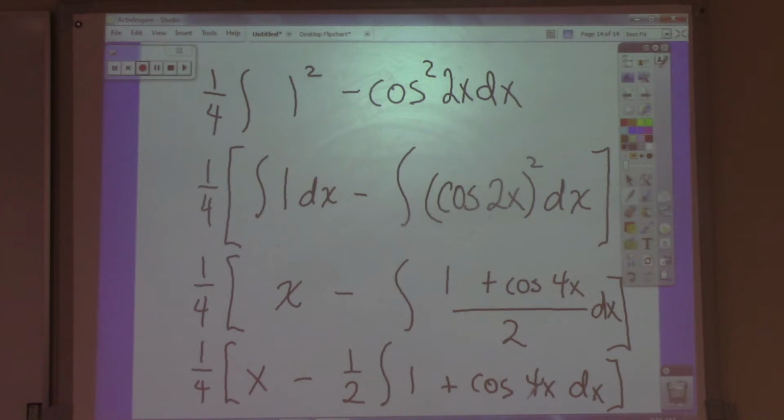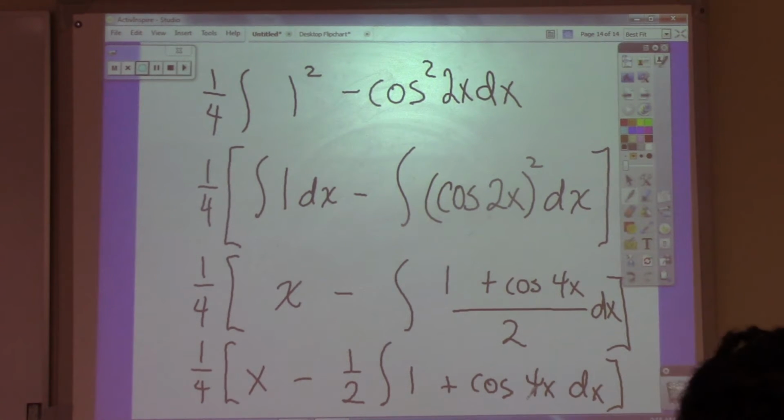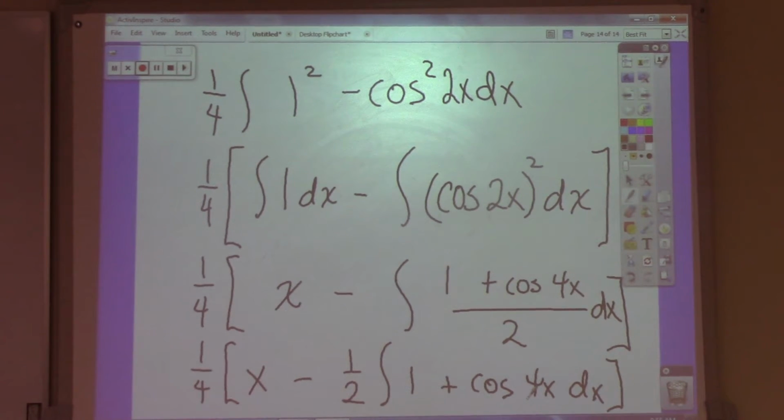Take it to the next page. Cosine of 4x, so you're going to need a 4 dx.